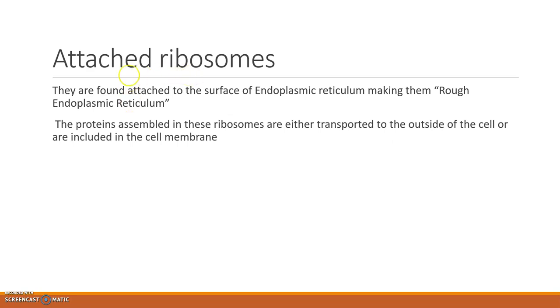Second type is attached ribosomes. Attached ribosomes are found attached to the surface of the endoplasmic reticulum, particularly rough endoplasmic reticulum.